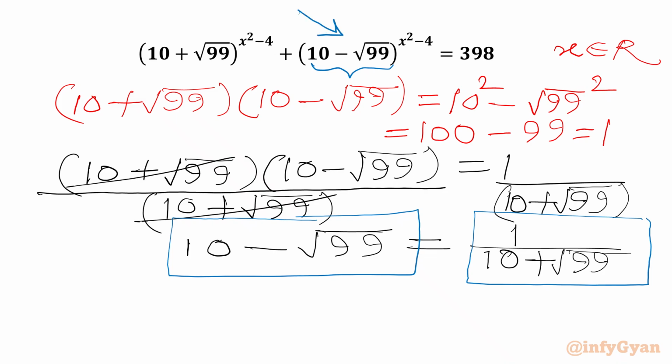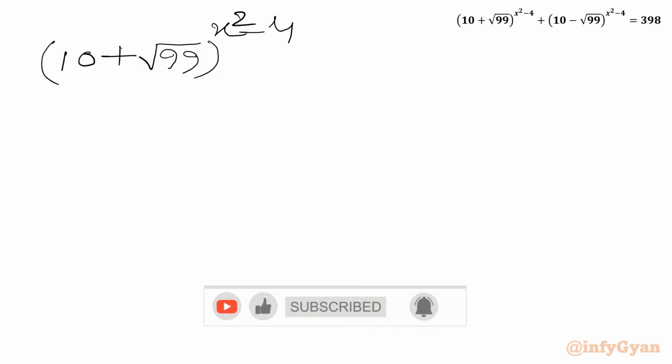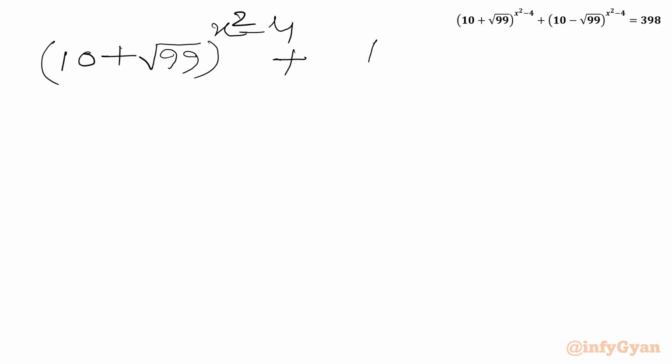So let us put it, we will write our equation: 10 plus square root 99, power x square minus 4, plus 1 over 10 plus square root 99, power x square minus 4.